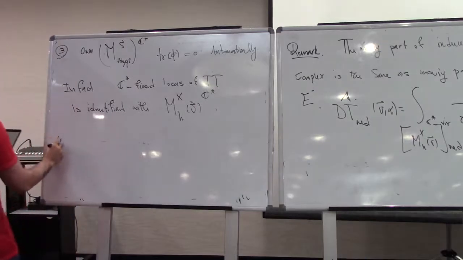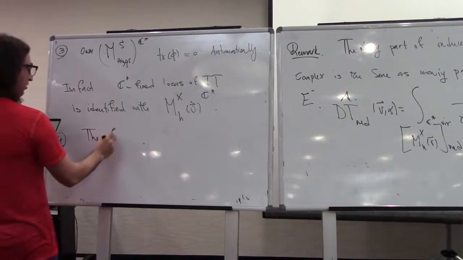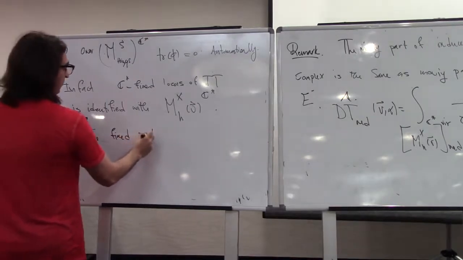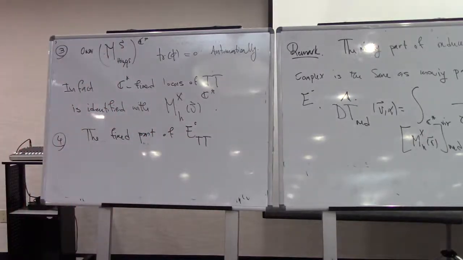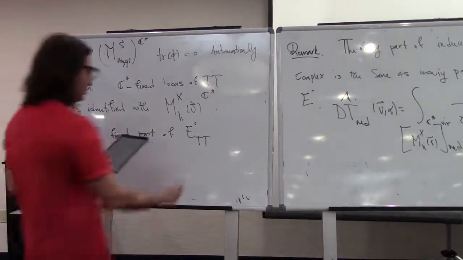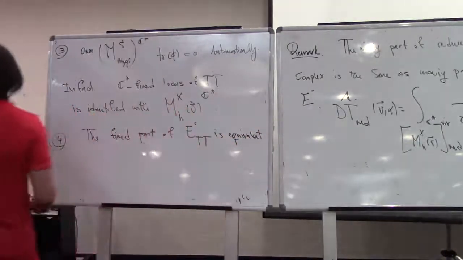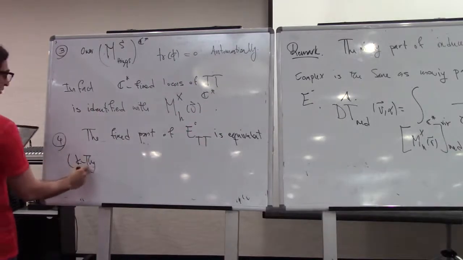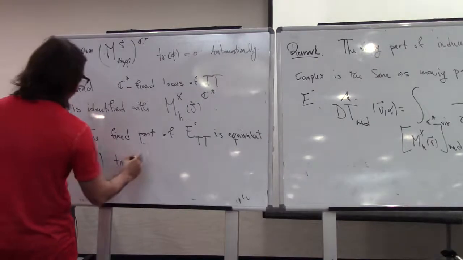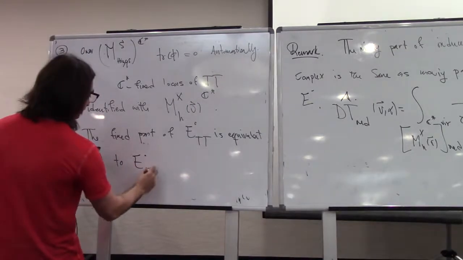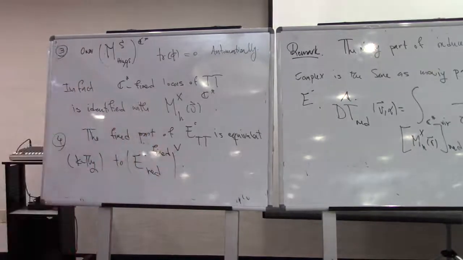So here's fact 4. The fixed part of E dot Tanaka-Thomas, the obstruction complex for this Higgs pair moduli space, is equivalent in K theory to the fixed part of E dot reduced that I just defined.